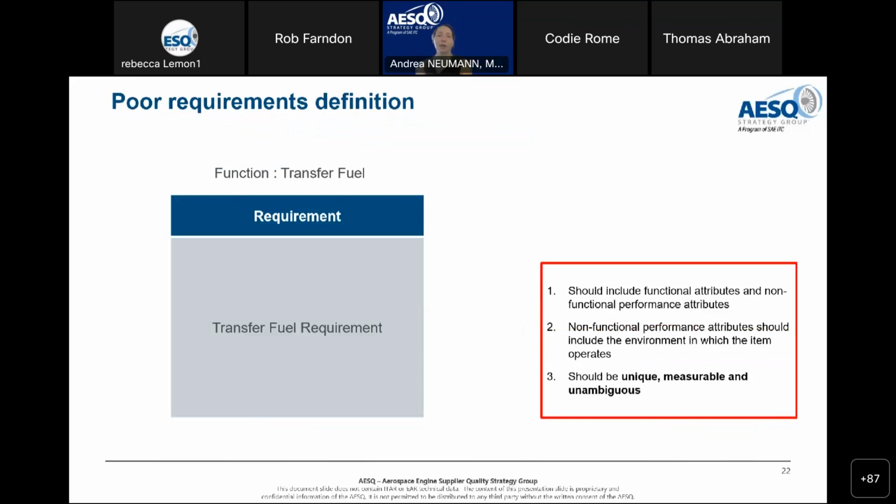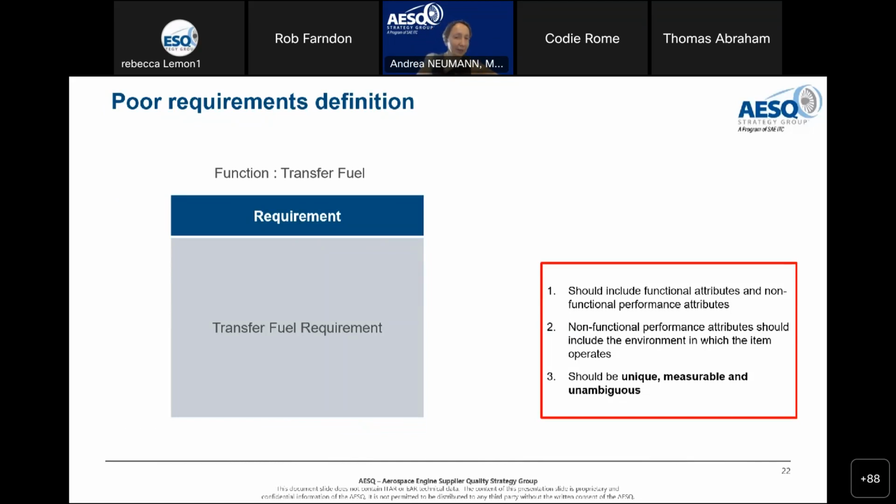So there are also in the standard some descriptions of how a requirement should be defined. And so we made here some examples. For sure, when we have this transfer fuel function and we just write this requirement, transfer fuel, it's clear that it's not really a good requirement because no one can understand what you have meant with these three words.